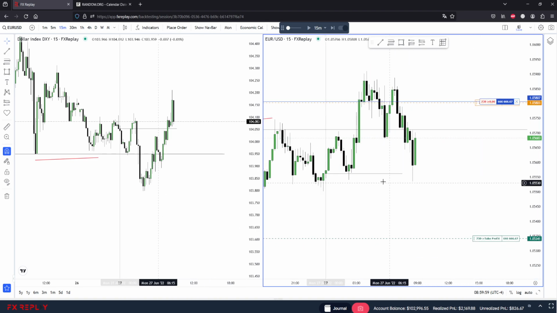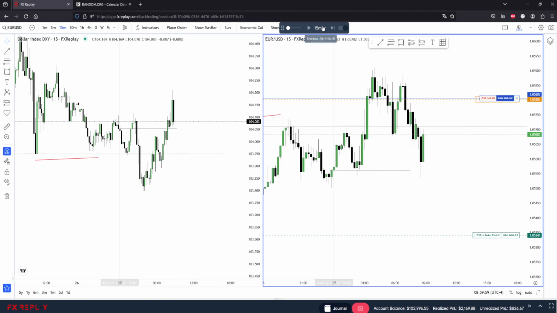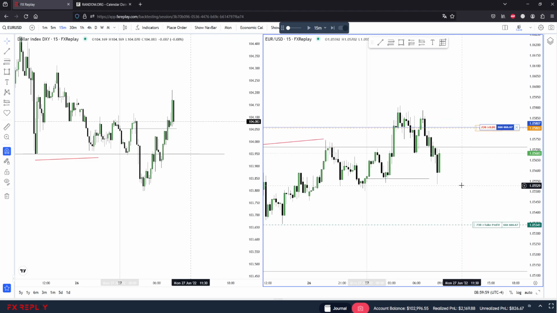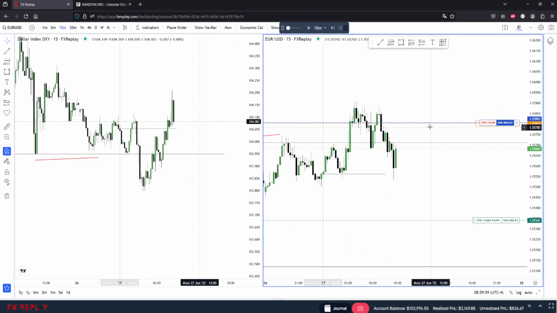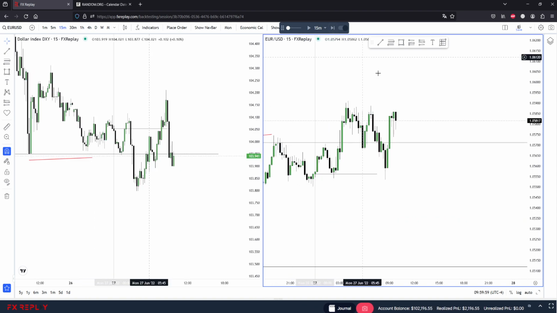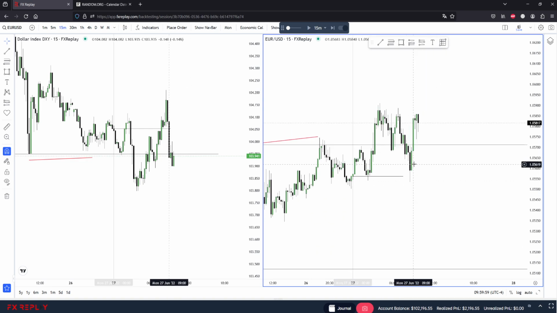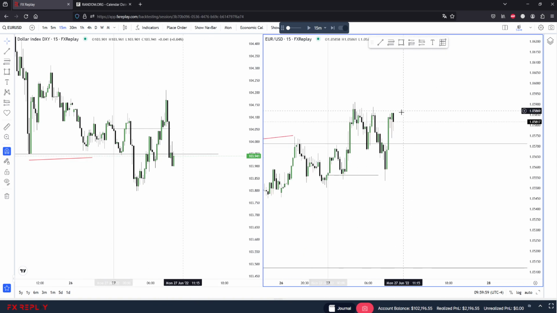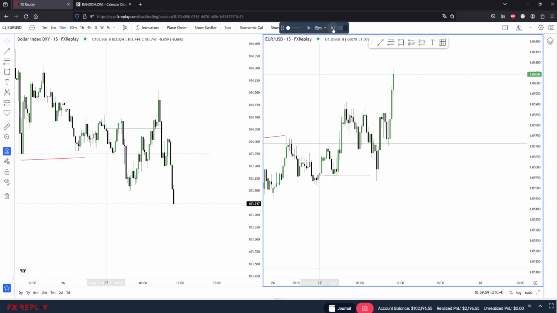In my book I would have profited here already a little bit, but this is going too fast. Sometimes if I click and it goes too fast, you know. Let's see if it can continue down or we're gonna get stopped out break even, but in my book this will still be a winner. Right, so we did get stopped out break even, which is fine. Let's see where we're going.